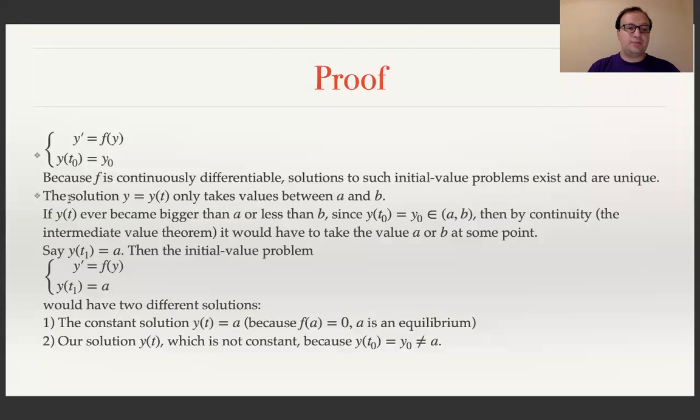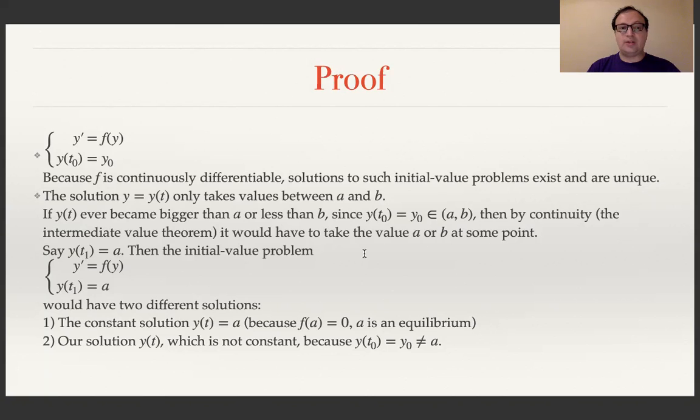Based on this, let's prove that the solution y of t only takes values between A and B. If y of t ever became bigger than B or less than A, since our starting value y0 is in the interval (A, B), then by continuity, more precisely by the intermediate value theorem, the solution would have to take the value A or B at some point.